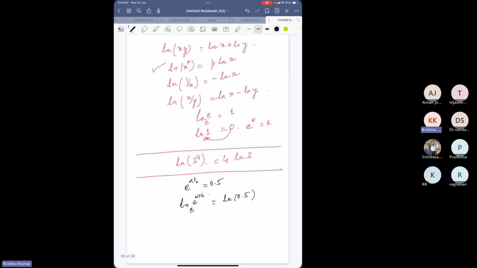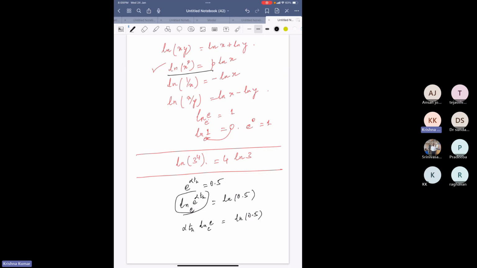So what is this? I'm going to use this formula. So that is alpha th, not ht, sorry. Alpha th now becomes alpha th into log e to the base e, which is equal to log of 0.5.